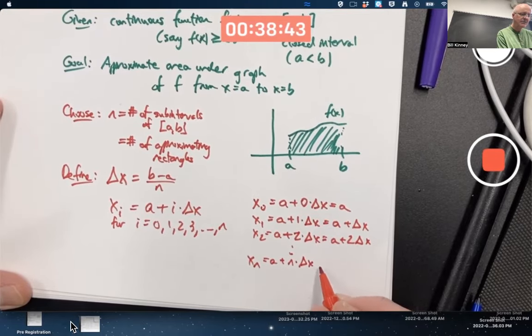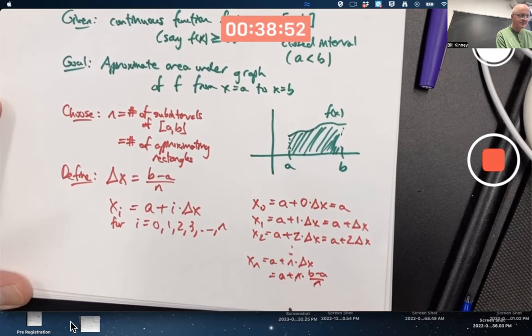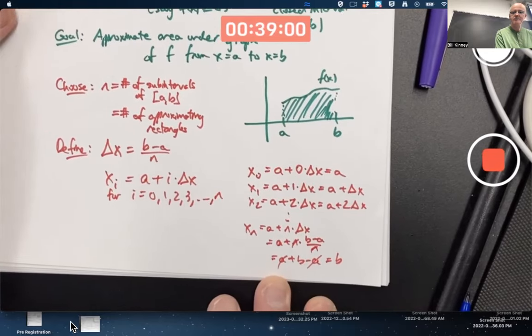That can be simplified because you can replace delta x with (b minus a) over n and then cancel the n's to leave you with a plus b minus a, and then cancel the a's to leave you with b. x sub n is the right endpoint b.